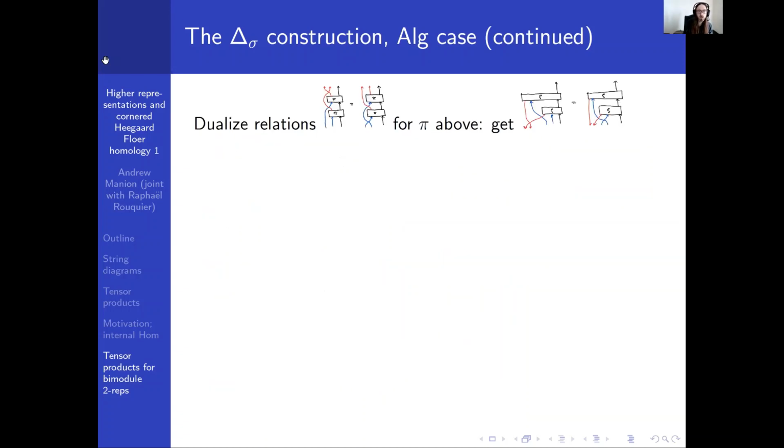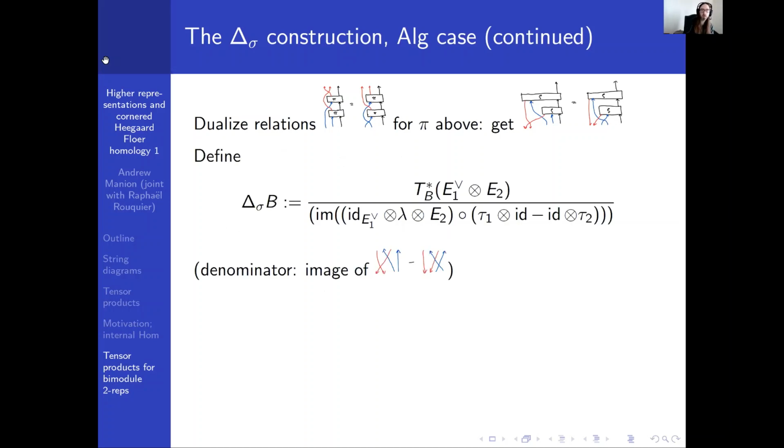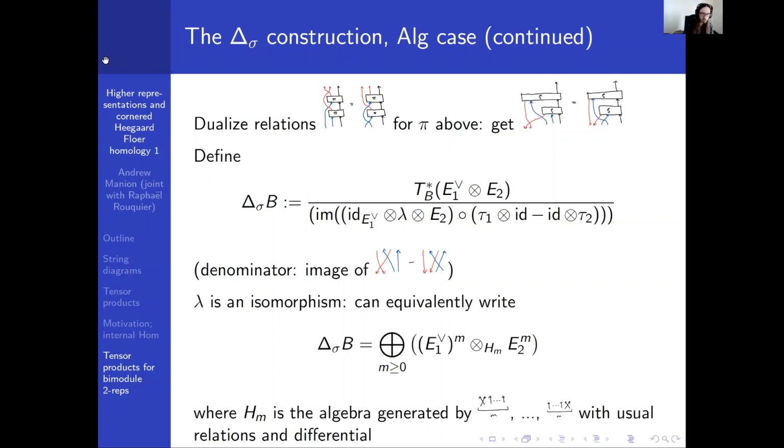And which quotient? The relations we got from pi, we can translate them into the appropriate relations. I'm out of time, so I don't want to. Okay, I'm back. That's happened sometimes. I don't want to get too much into this, so you define it as some quotient of the tensor algebra based on what relations you had for pi.